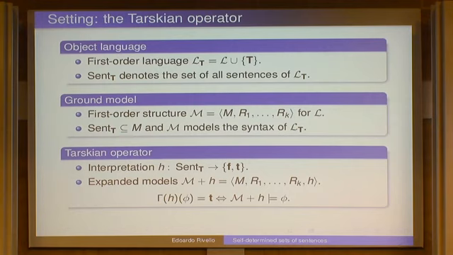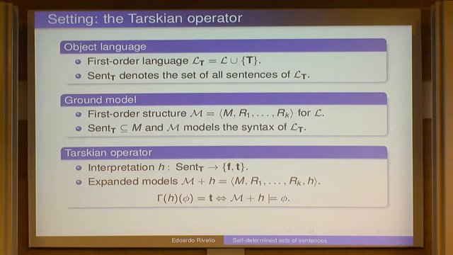And then we can define the Tarskian operator. For technical reasons, we identify possible interpretations of the unary predicate with their characteristic functions.